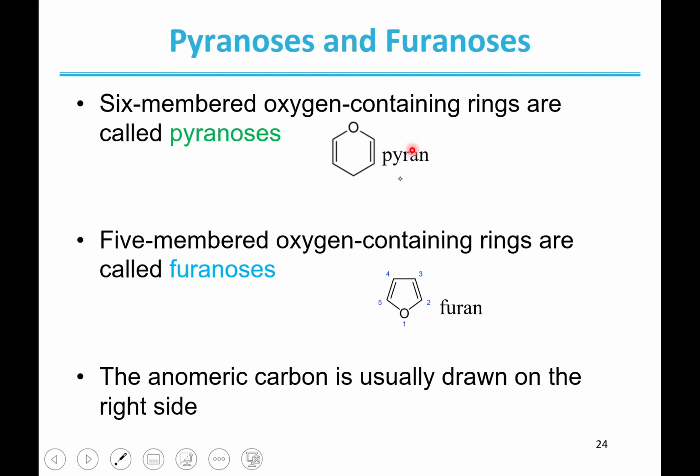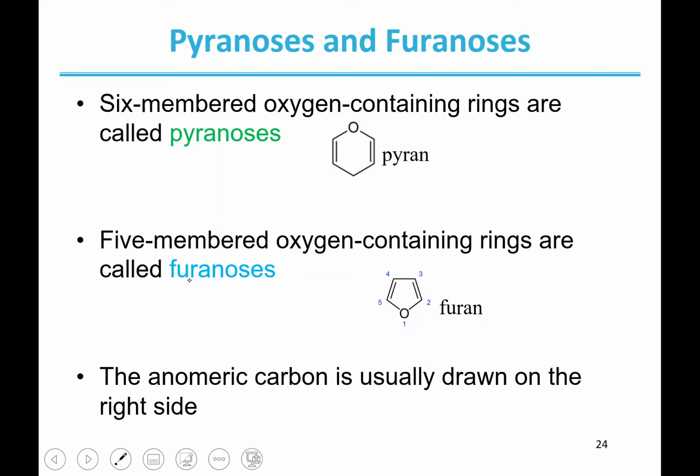It looks like pyran, the organic chemical pyran. That's why they term these as pyranoses, because it's similar to that structure. 5-membered rings that contain an oxygen look like furan, and that's why we call them furanoses.